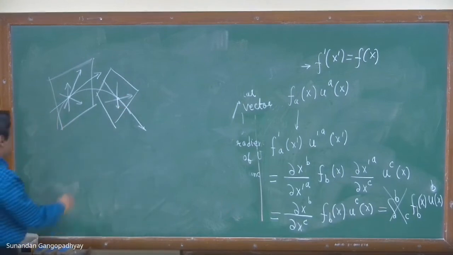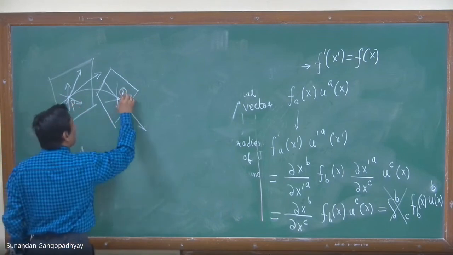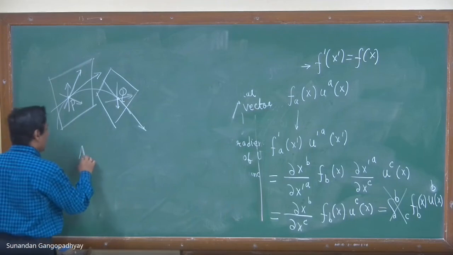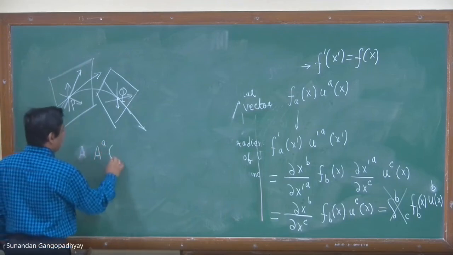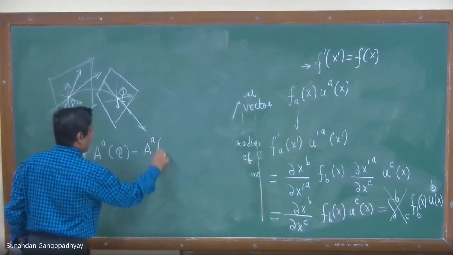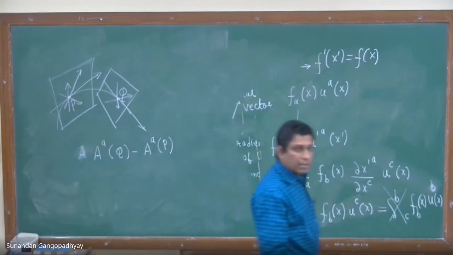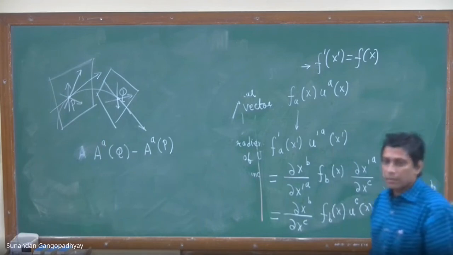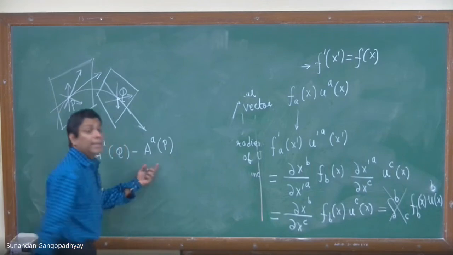Let me call this point P. Let me call this point Q. The question is, I want to subtract two vectors. That is not a problem. So, two vectors defined on two different tangent planes.